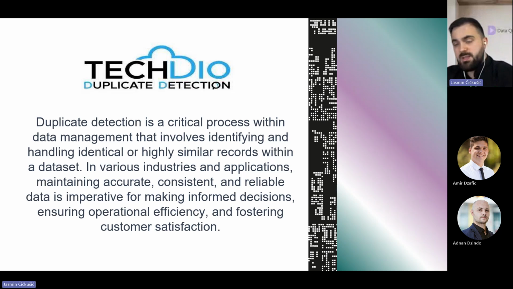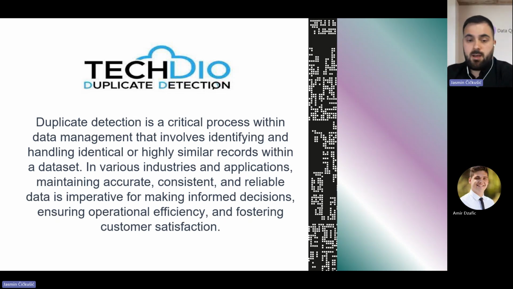So accurate duplicate detection is fundamental in different sectors, including customer databases, financial records, healthcare, e-commerce, etc. By effectively managing and preventing those duplicates, organizations can avoid errors in analytics. They can prevent redundant processing, enhance the overall reliability of their information, etc.